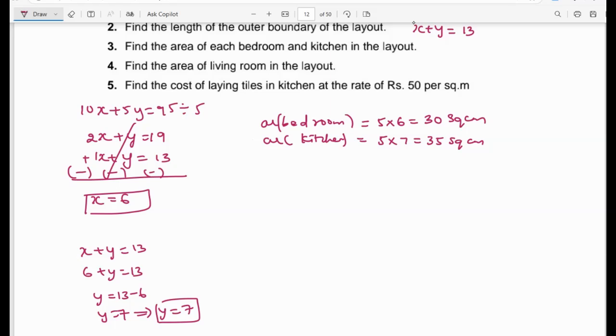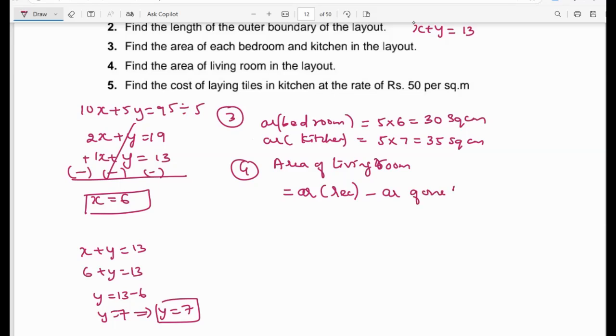That is for the third one. Then fourth one is find the area of living room. Area of living room will be area of rectangle minus area of one bedroom.